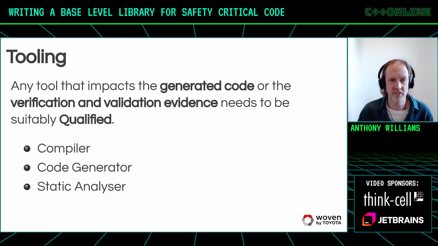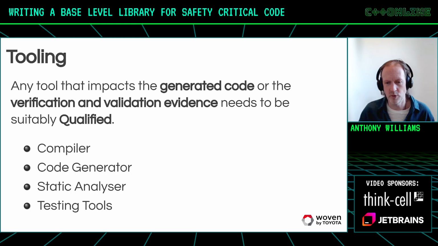If you have a static analyzer, then it needs to be qualified to say that yes, it does analyze what it says it analyzes, and if you have violated a given rule that it says it checks, then it will tell you. And then any testing tools also need to be suitably qualified. Again, the level of detail that you need to put into this qualification depends on what the consequences are.